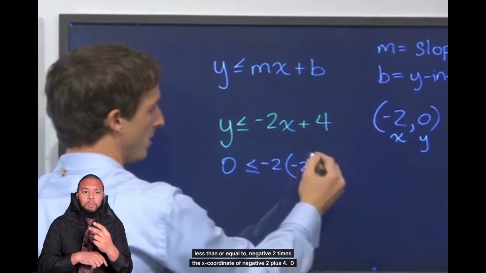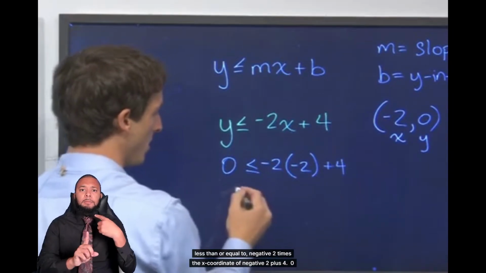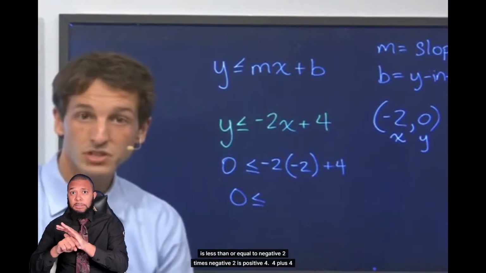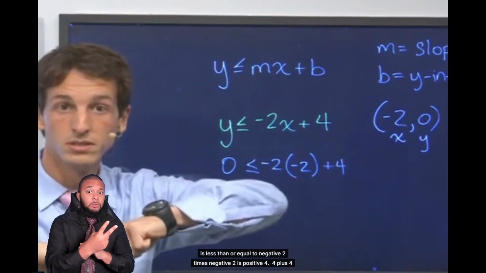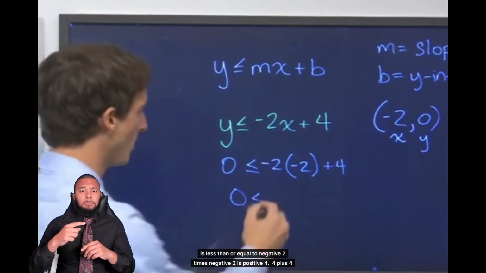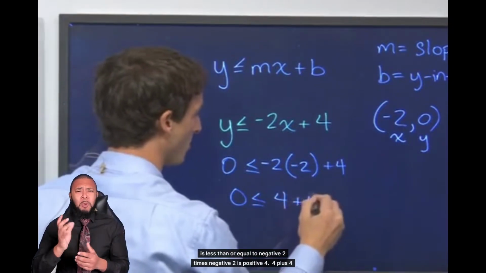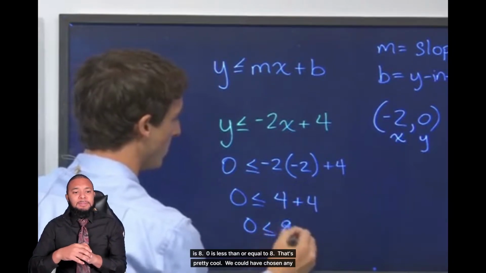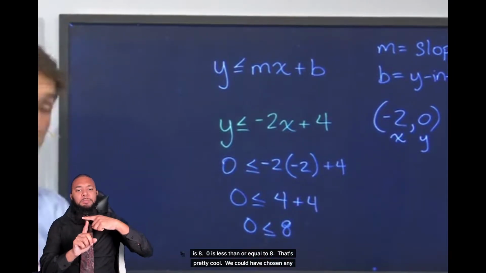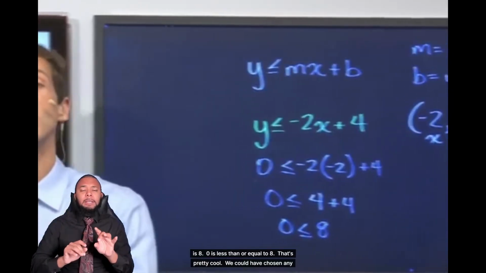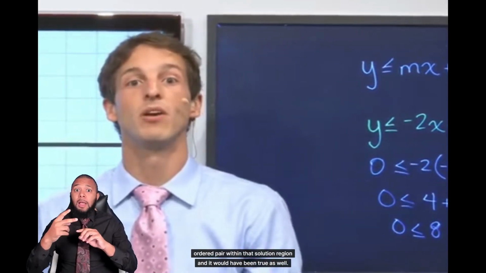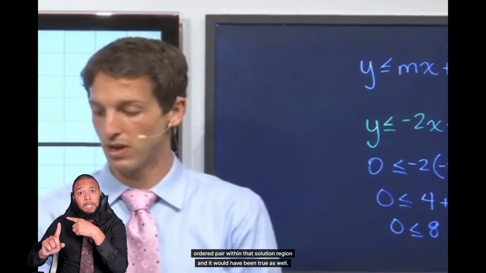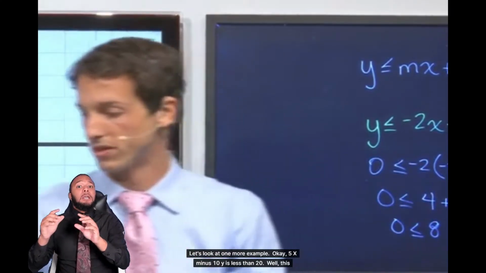Negative 2, plus 4. 0 is less than or equal to negative 2 times negative 2 is positive 4. 4 plus 4 is 8. 0 is less than or equal to 8. That's pretty cool. We could have chosen any ordered pair within that solution region, and it would have been true as well. Let's look at one more example.